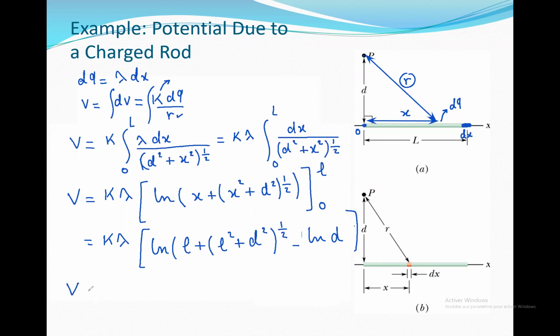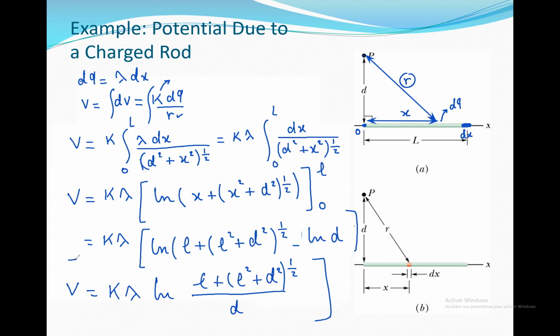So we can write V equals k lambda ln of (L plus the square root of L squared plus D squared) divided by D. This is the answer for the V created by this rod at this point.